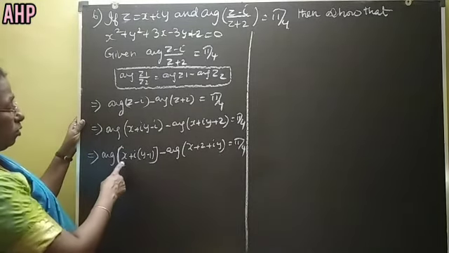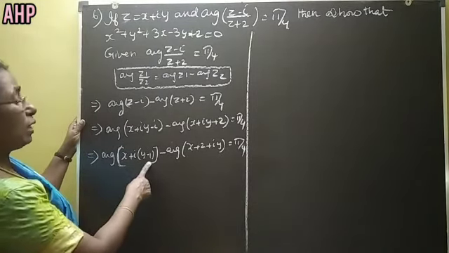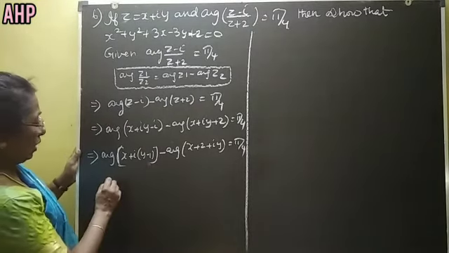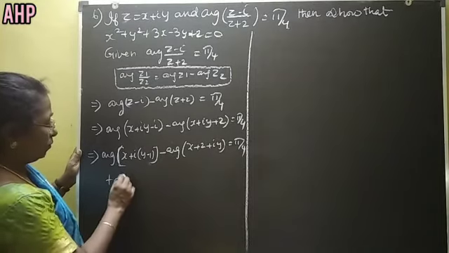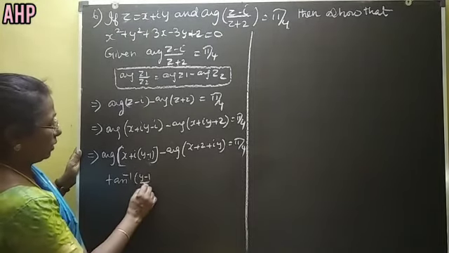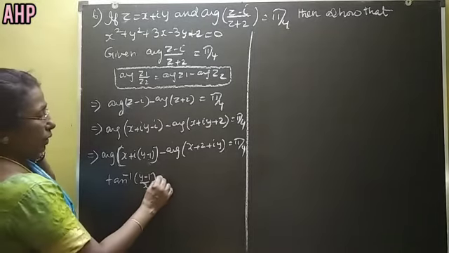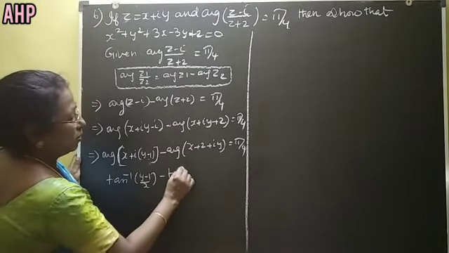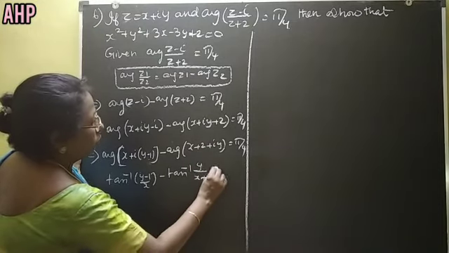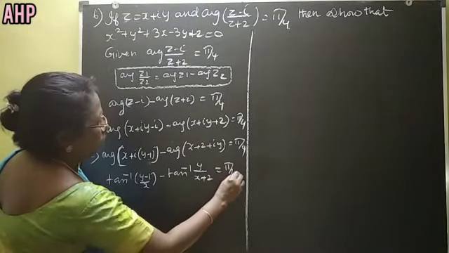Now argument of this is equal to tan inverse y by x. So this is equal to tan inverse, in the place of y we have (y minus 1) by x, minus tan inverse, here it is y by (x plus 2). This is equal to pi by 4.